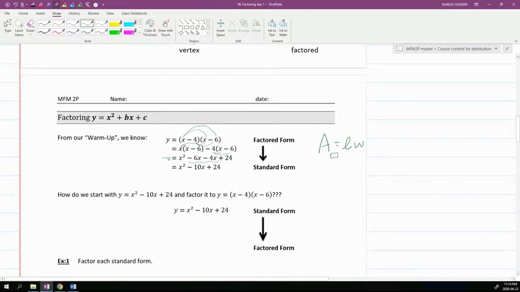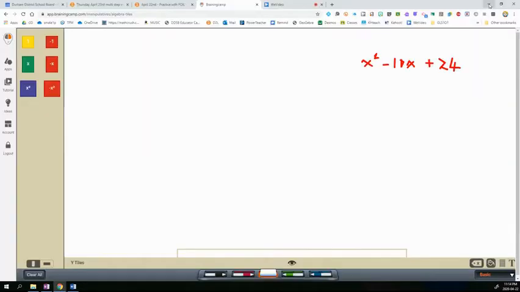So really all we have when we have a factored form is something times something, an L and a W, except it looks a little different. It looks like a binomial. So you're probably thinking, what? Let me explain. We'd like to express this in factored form. If I tell you that it can be factored, then it can be expressed as one thing times another, like a length and a width.